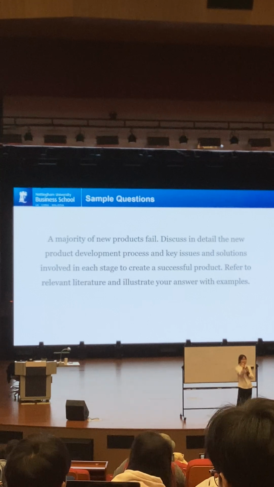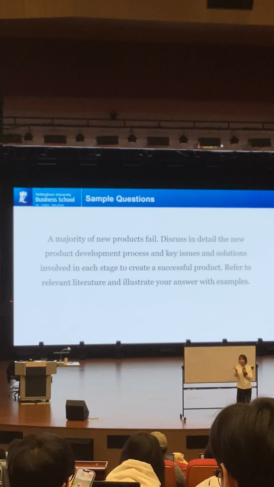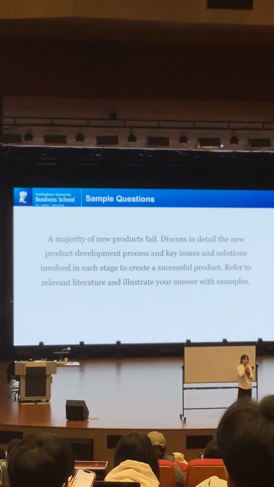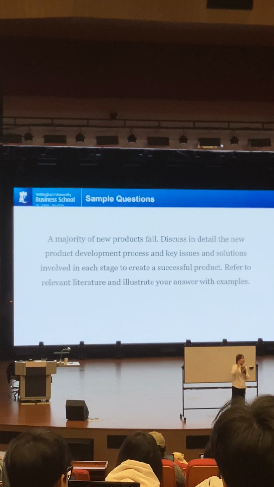You probably would not get above 60. Above 60, which means the upper second class mark, you would answer briefly all these main components at least.